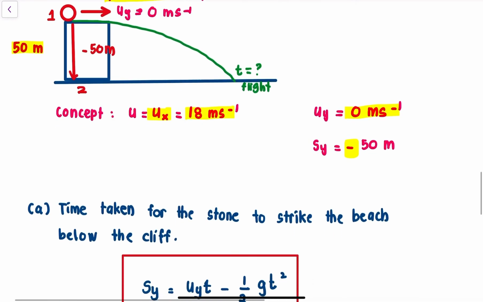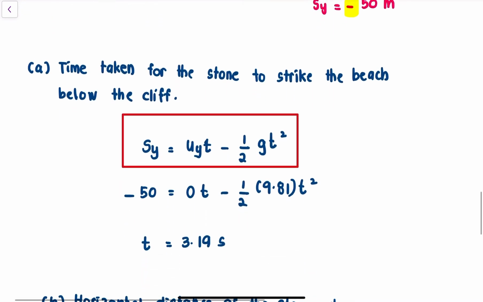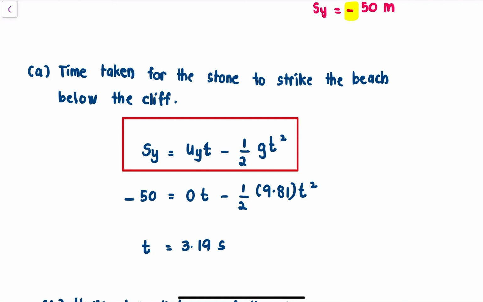Next, how to determine the time taken? We use sy equals ut minus half gt squared. Remember, all the values here must be y-axis values. Substitute the vertical displacement negative 50 and uy equal to 0. So we can determine the time taken is 3.19 second.